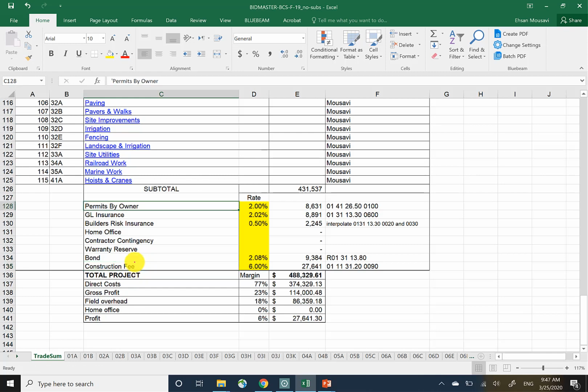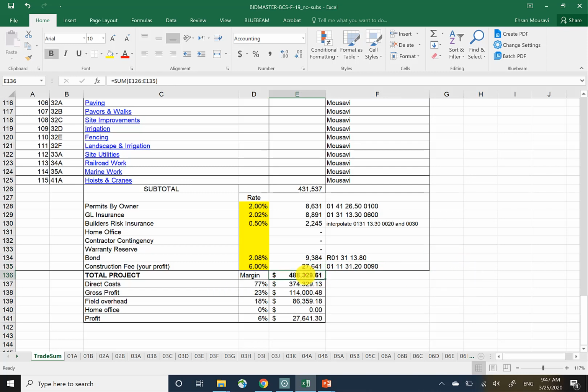Let me put that in parentheses here. That's your profit. Although you can see that I'm using a line number saying that RS Means is giving us details or helping us with average profit and fee, but this is your call really for your semester project.